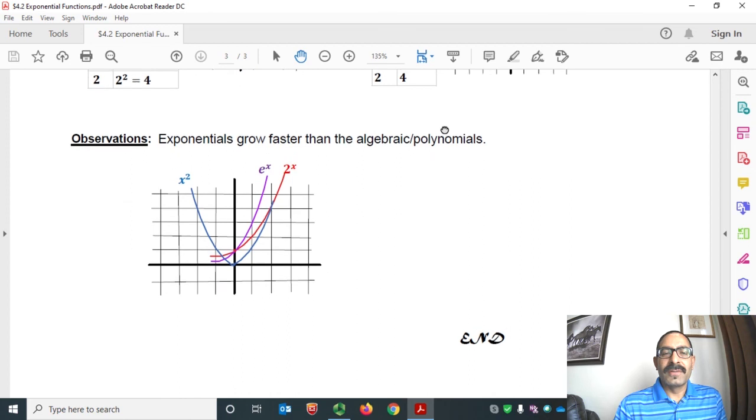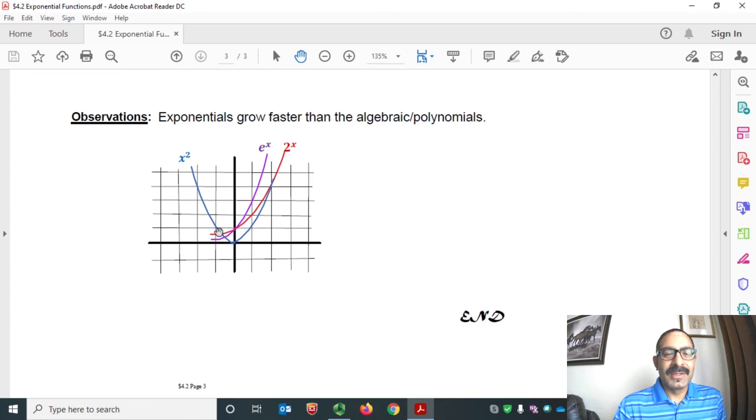The exponential function grows faster than the polynomial function. So here in the same grid plane is the exponential function's graph. If we increase the base of the exponential function, the graph increases faster to infinity. This is our parabola, y equals x squared.